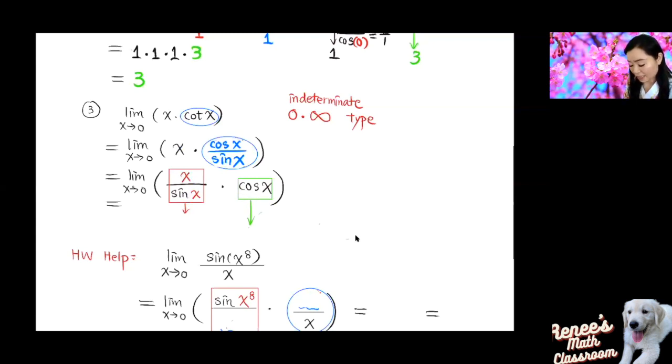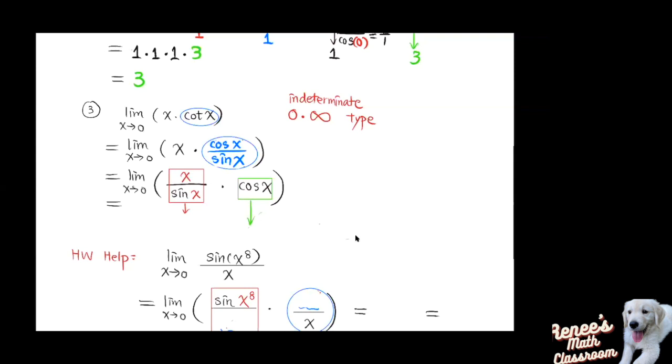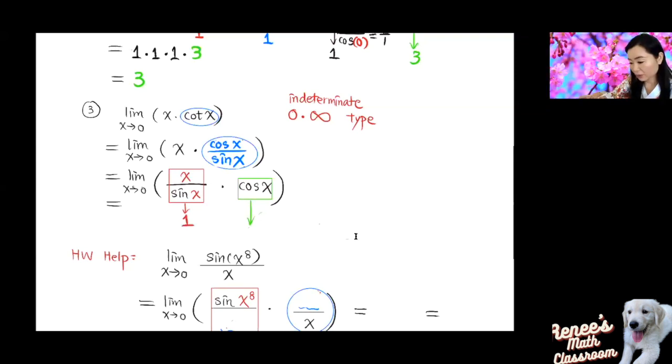So when x approaches 0, this quotient approaches 1. And cosine x approaches what? When x approaches 0, cosine x goes to cosine of 0, which is equal to 1. So the limit of this will be 1 times 1, so that will be 1.